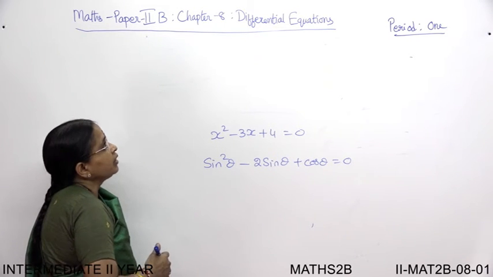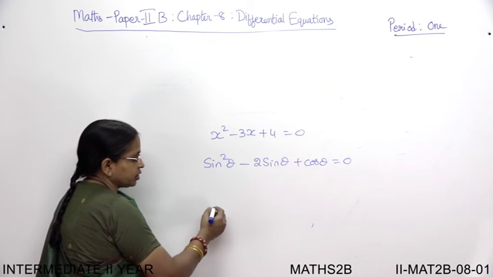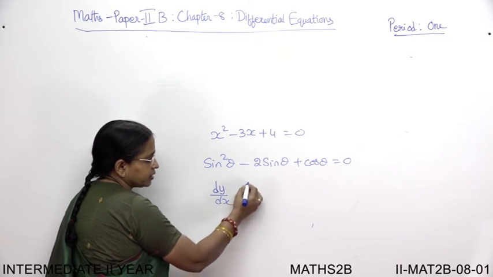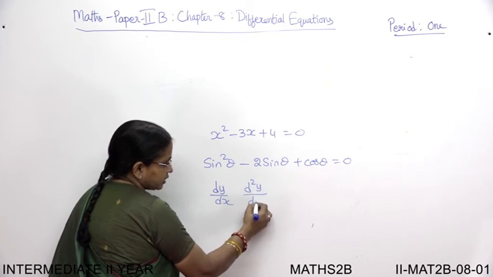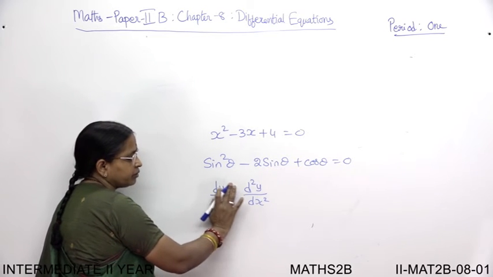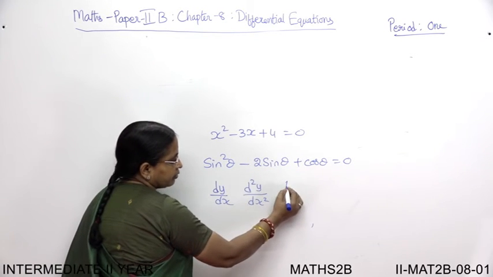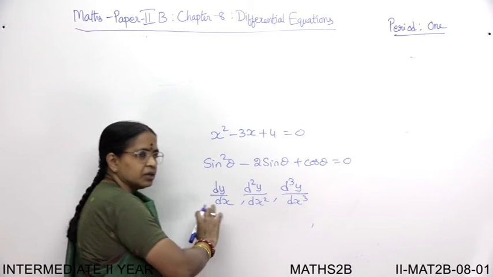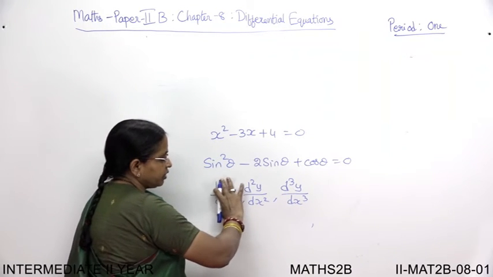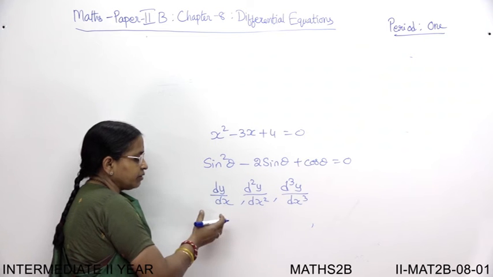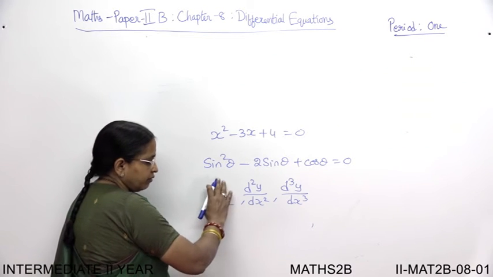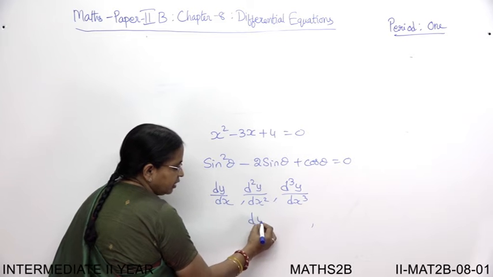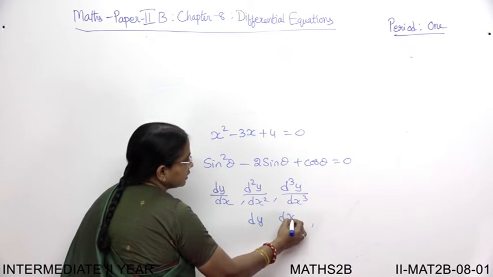In the same way, a differential equation is an equation which contains the derivatives like dy by dx, d square y by dx square. This is the first order derivative. This is the second order derivative. d cube y by dx cube is the third order derivative, like that. So any equation that contains the derivatives of the functions and the differentials dy, dx, like that.